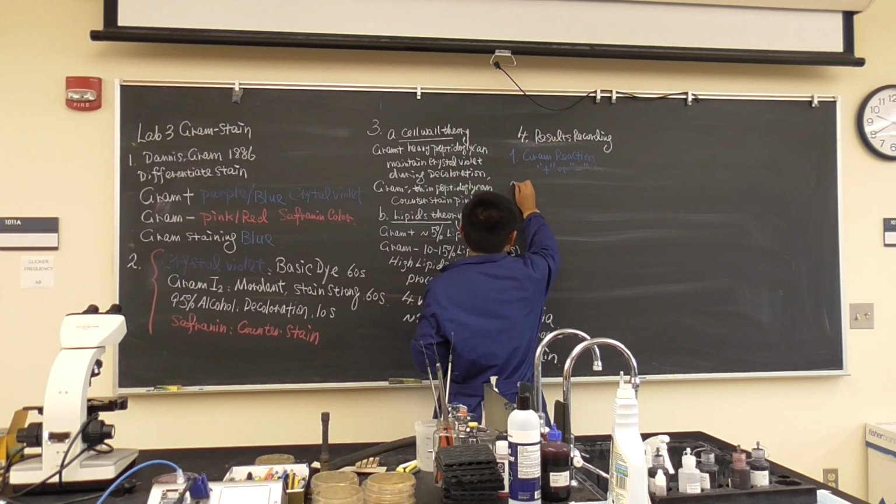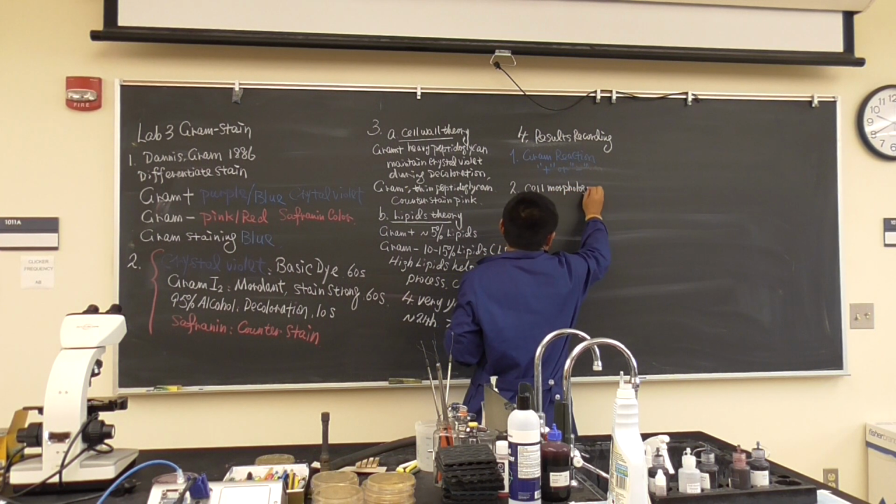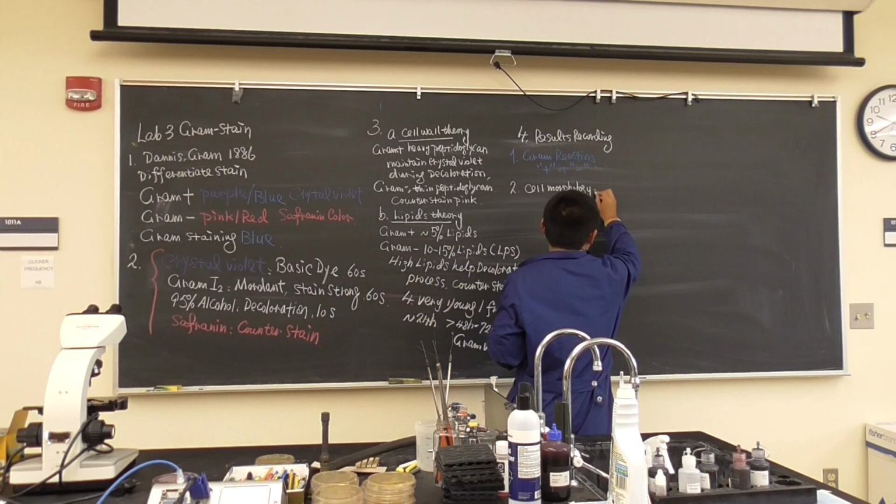Number 2 is cell morphology. What does cell morphology mean? The shape of the bacterial cell. It could be cocci, it could be rods, it could be vibrio.